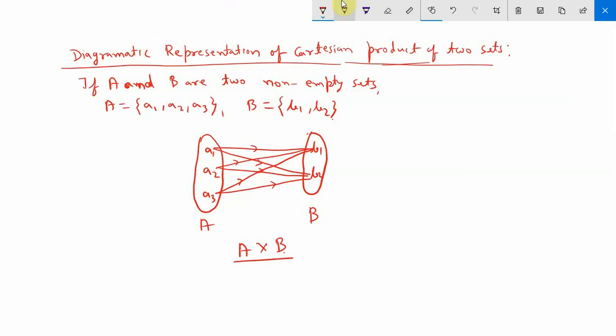So let me first clean this. First problem, this is on equality of ordered pairs. Find a and b if (a+3, 5) equals (6, 2a+b).